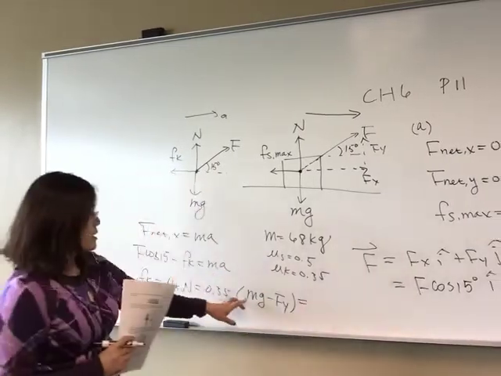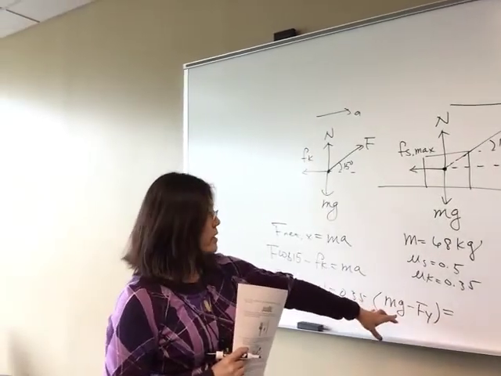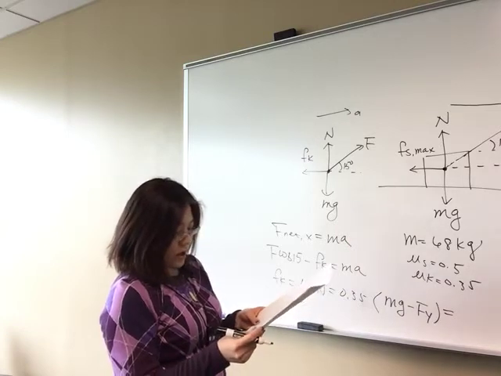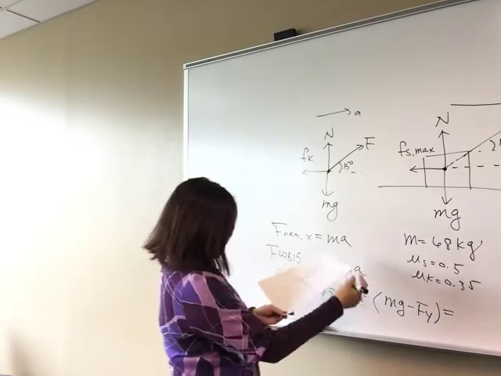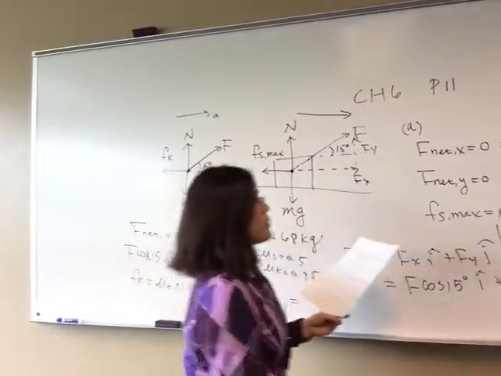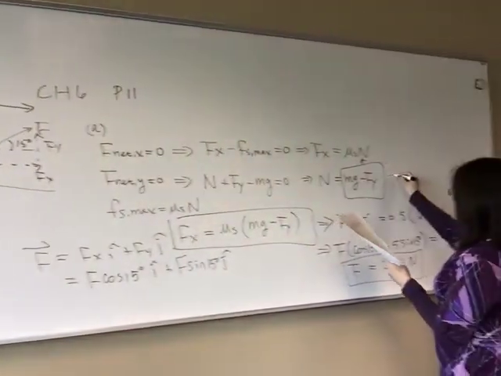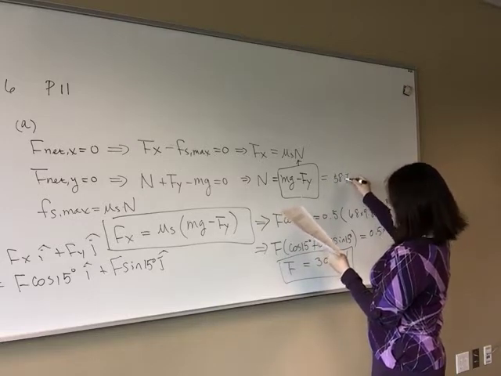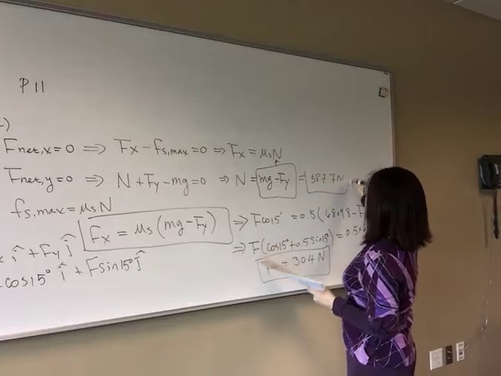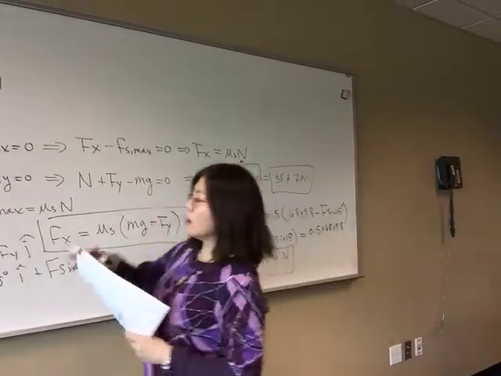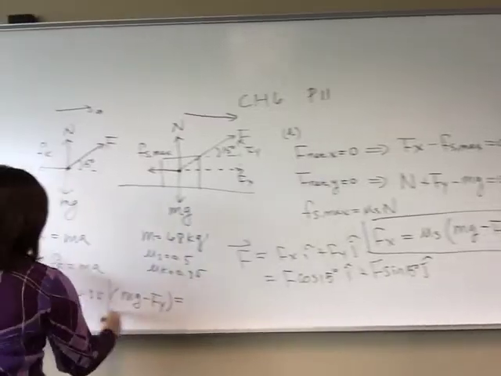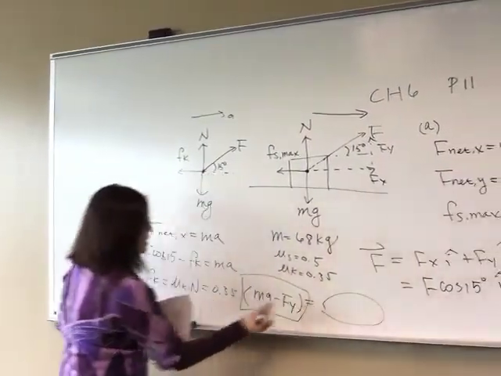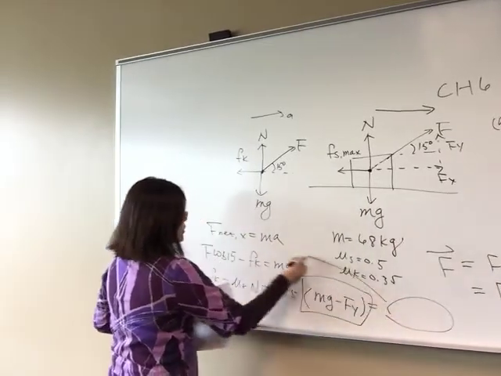After you plug in 68 times 9.8 minus 304 times sine of 15, so when you plug in the numbers, your normal force will have a magnitude of 587.7 Newton. Okay, so this is the numerical value of the normal force. So once you have the normal force, and then multiply by 0.35, you should have a value, which I did not calculate.